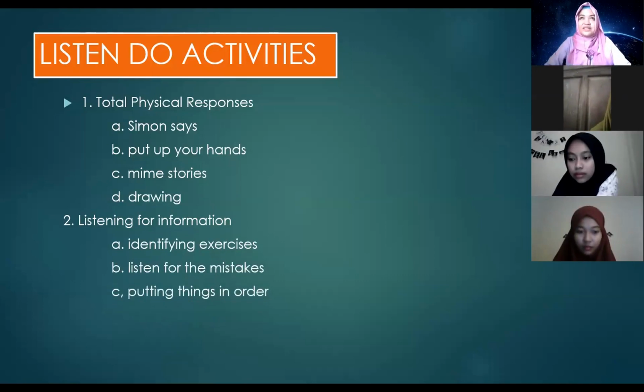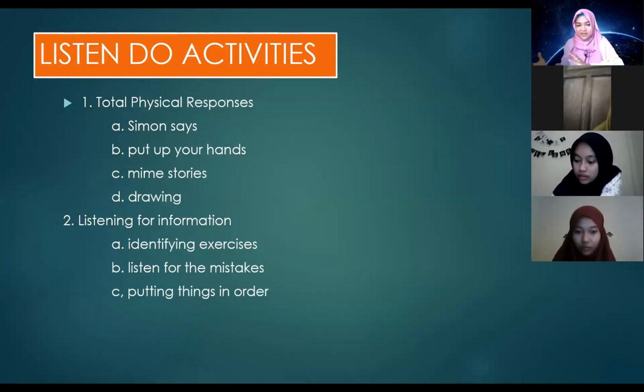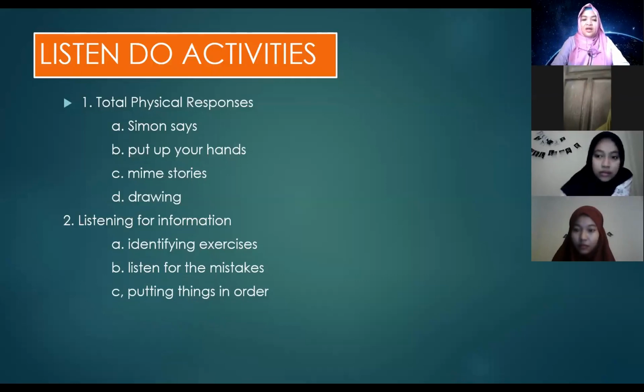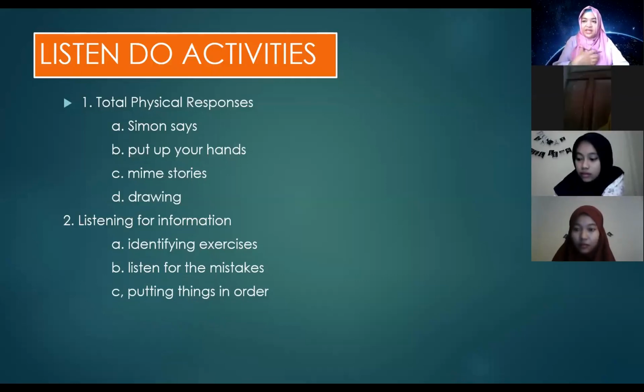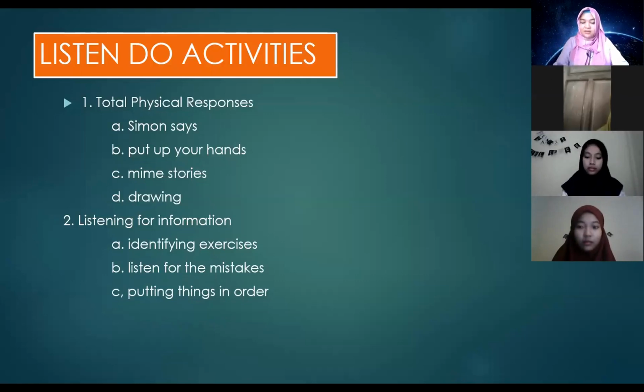So listen for the mistake is you give them a picture, and then you read some wrong information, and let them find the mistake. For example, the picture is a lady with a pink veil, but the information is the teacher is wearing an orange veil.